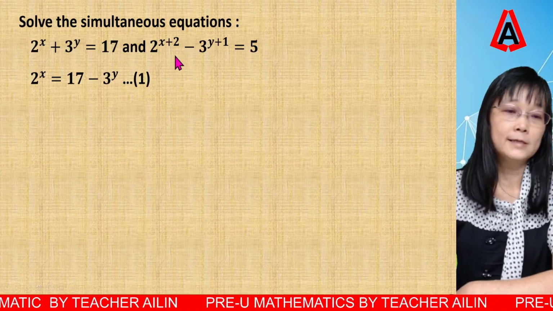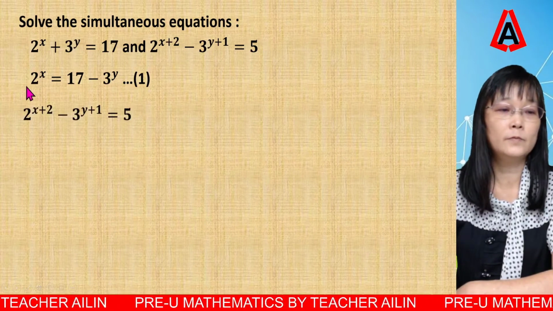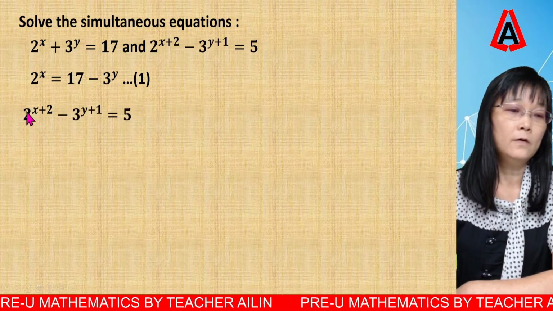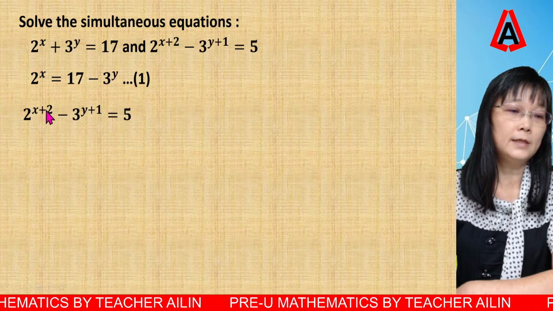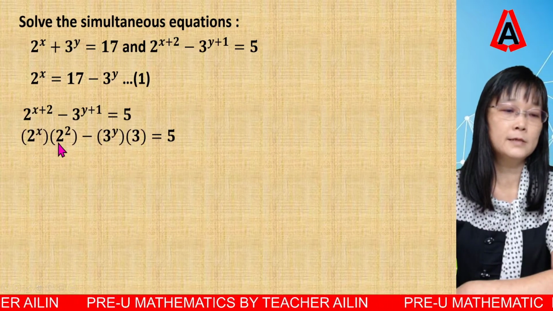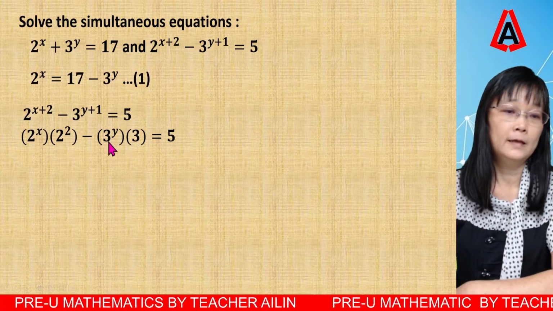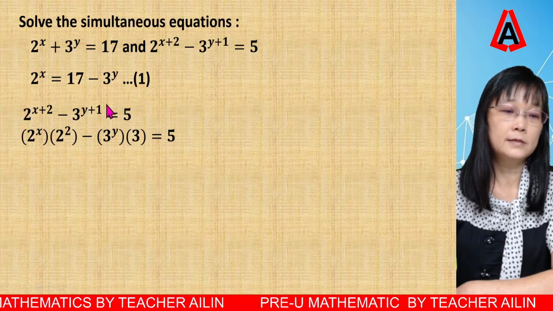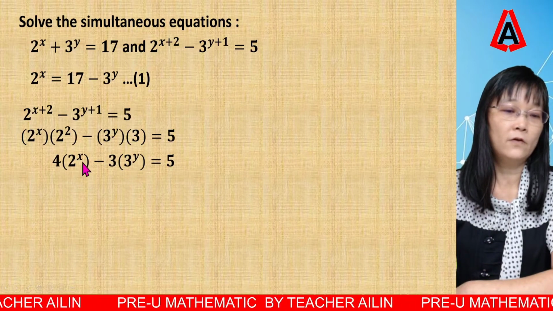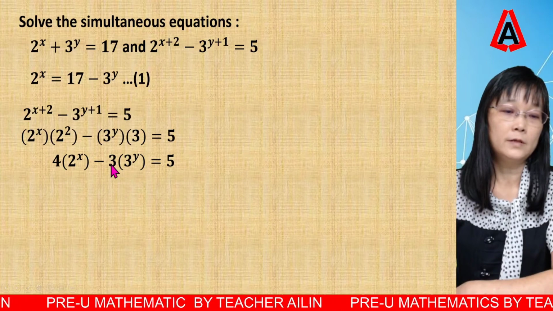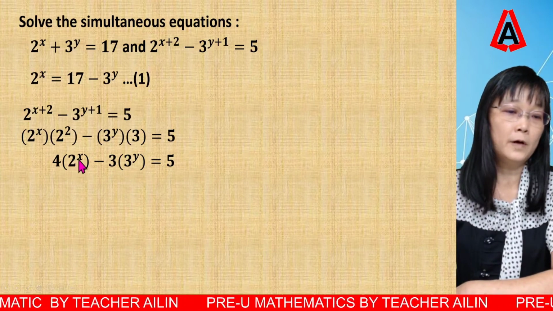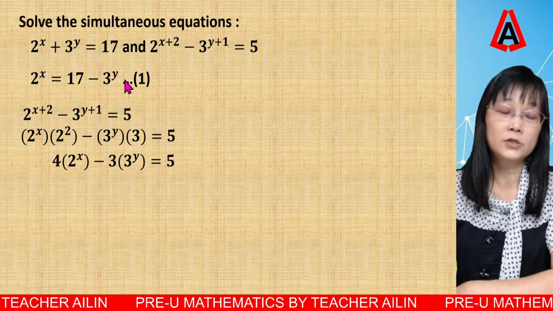Now for the second equation, since I'm going to substitute 2 power x, I separate the index here such that it becomes 2 power x times 2 power 2, and 3 power x times 3 power 1, so 2 power 2 is 4, 3 power 1 is 3. Now we can substitute the 2 power x from the first equation here.